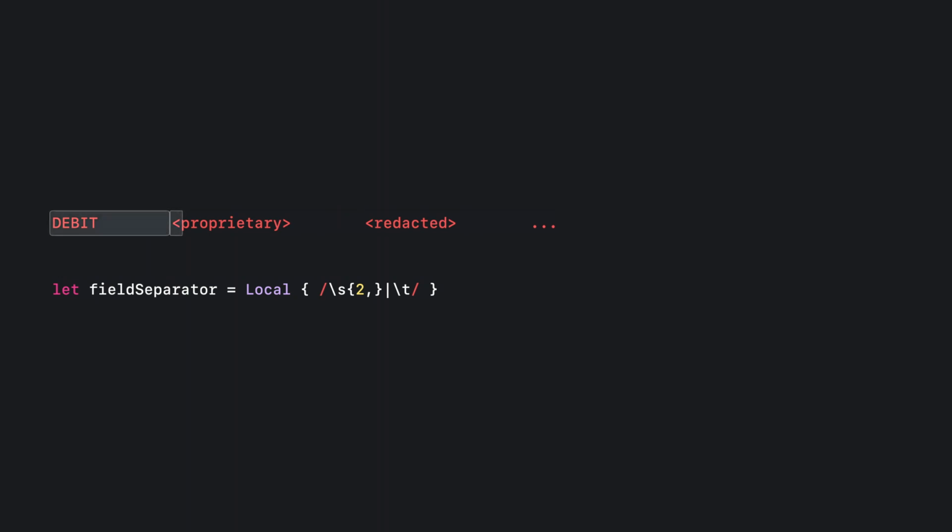Even if our transaction matcher fails later on, we don't go back to try consuming fewer spaces. Global backtracking, the default for regex, is great for search and fuzzy matching. Local is useful for matching precisely specified tokens. The field separator, as vexing as it may be, is precise.